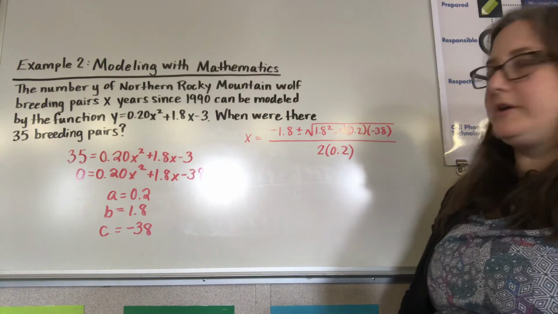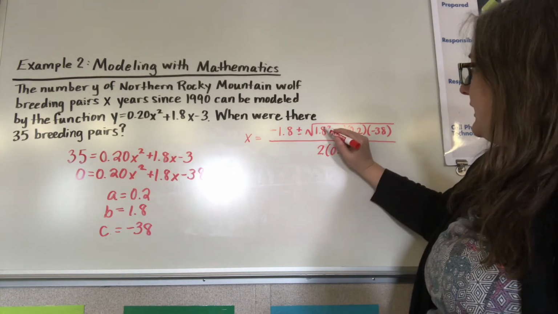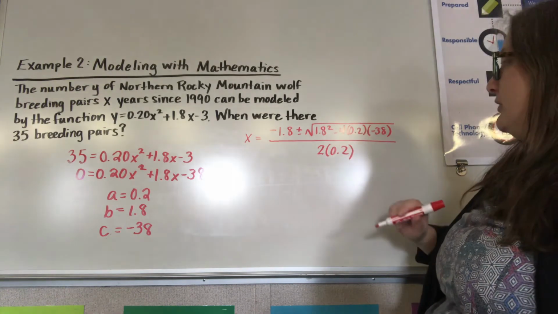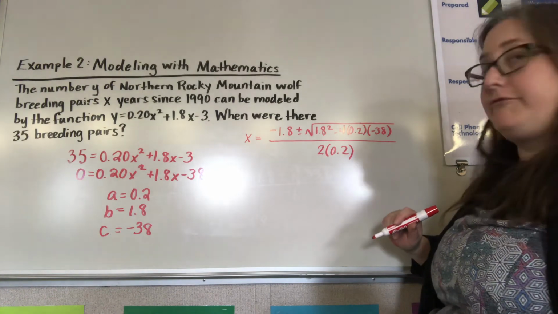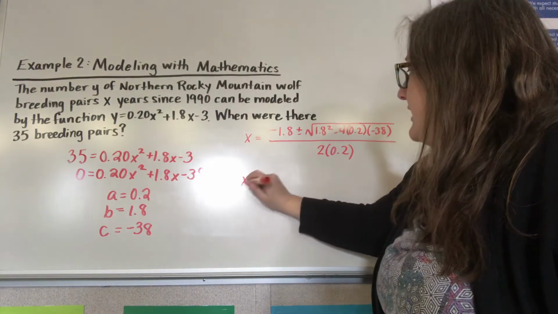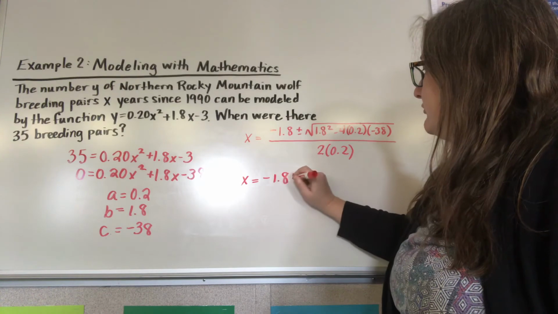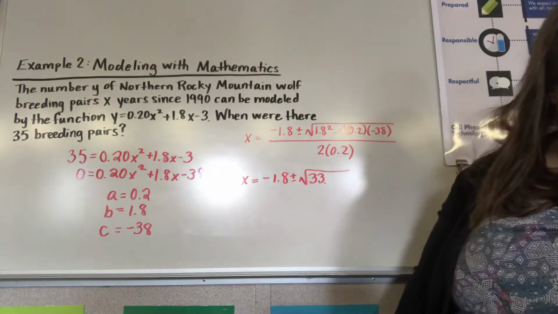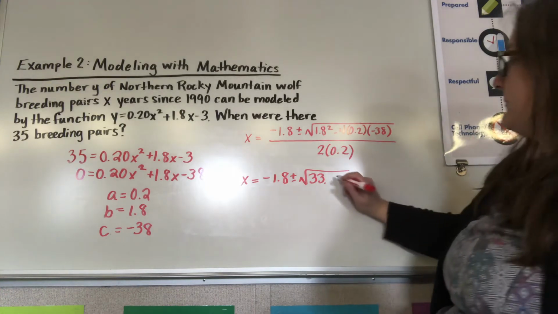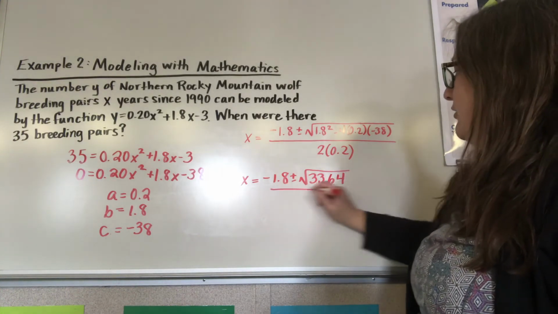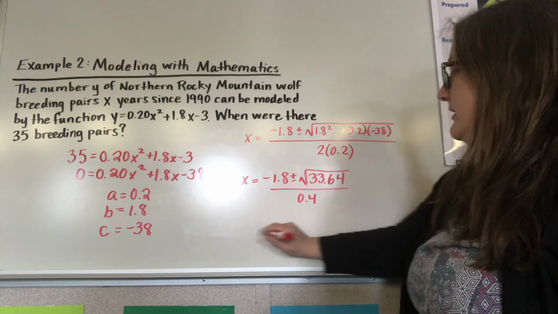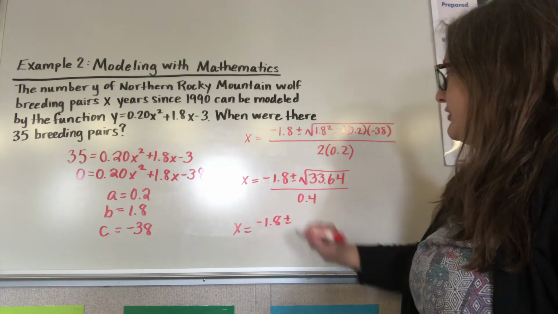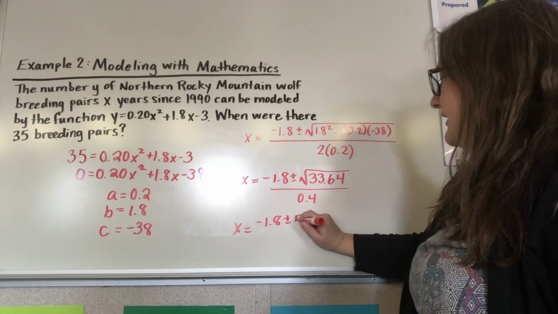So when I start simplifying here, I'm going to use my calculator to do 1.8 squared minus 4 times 0.2 times negative 38, and that is going to give me the square root of 33.64, all over 0.4. So I simplify a little further, and the square root of 33.64 is 5.8.